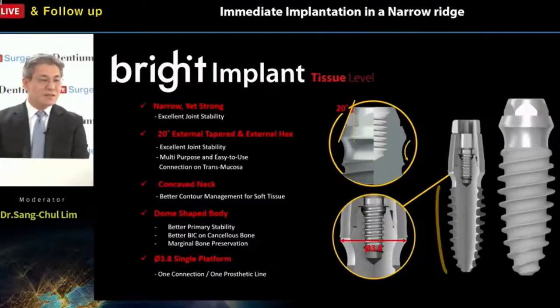Basically, this Bright tissue level implant has an external connection. The beveled external connection is a unique characteristic: a 20-degree beveled external connection is the big difference from other tissue level implant systems.